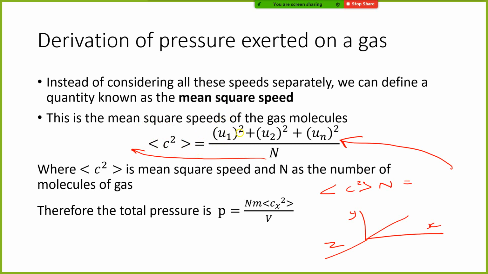This is how we really find the mean square speed, by just adding up the individual speeds of the particles, dividing by the number of molecules or particles that are present, right? And that is how we get what we call the average velocity squared, or we can say the mean square speed, right?